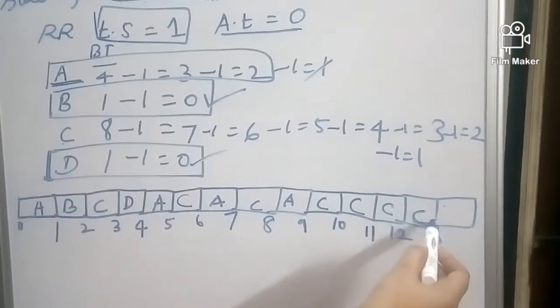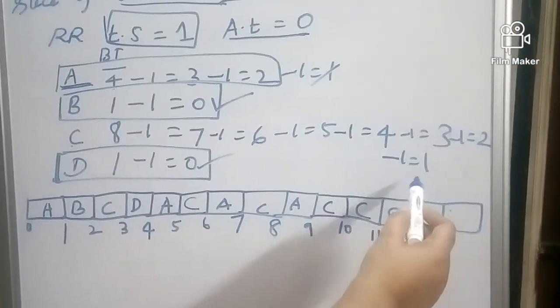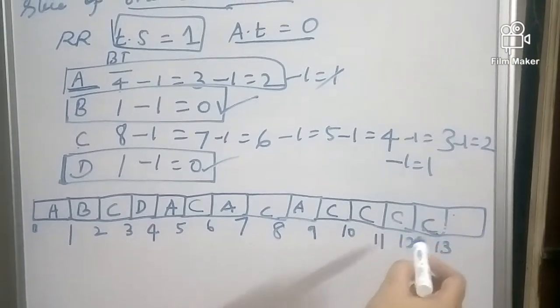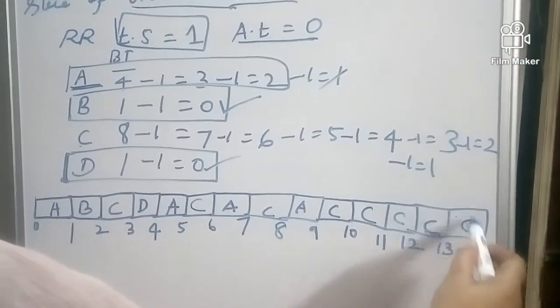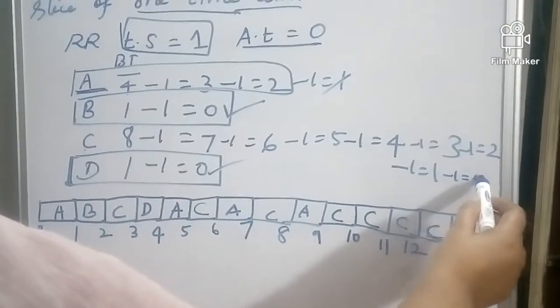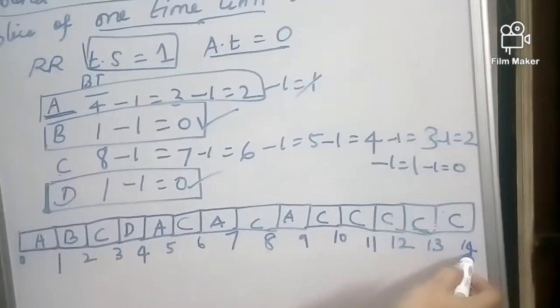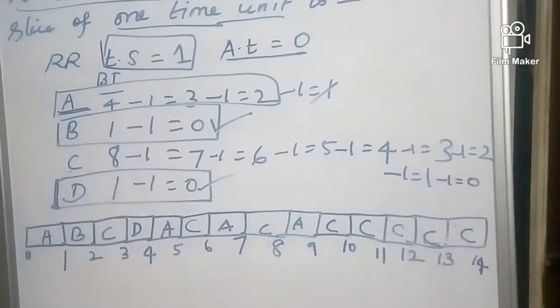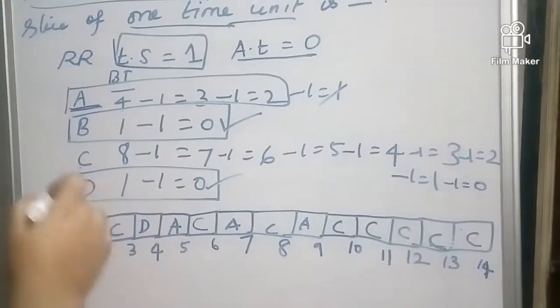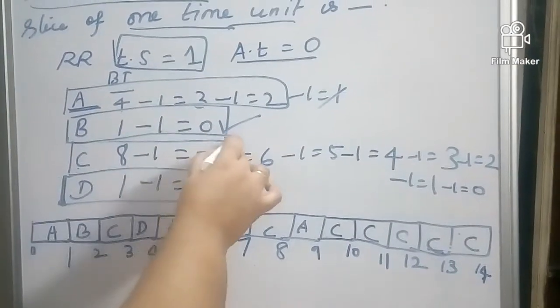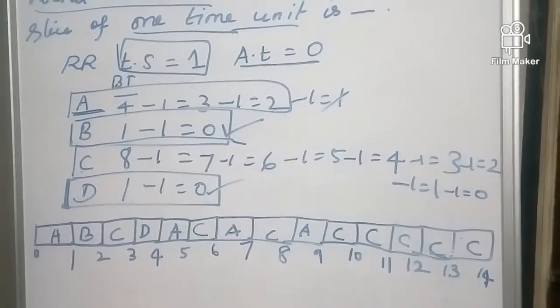So 12 to 13, again C, 2 minus 1 is equal to 1. And 14, finally 1 minus 1 is equal to 0. So at the time of 14, C is completed. So at last, at the time of 14, all processes have completed their tasks and exited from the CPU.